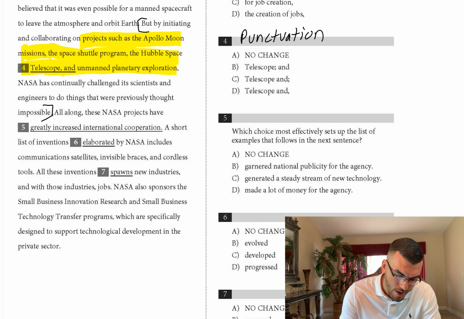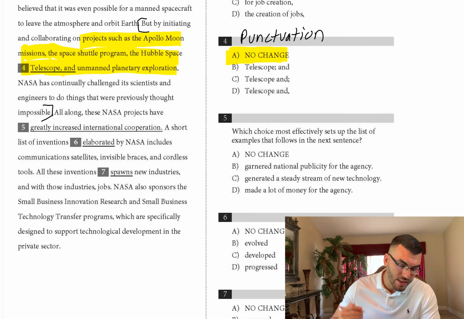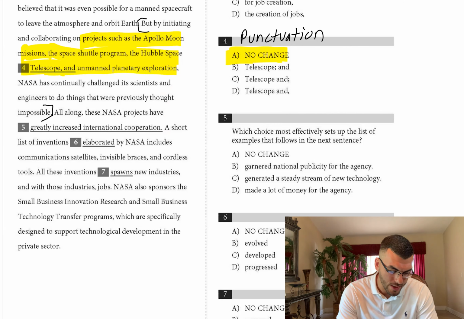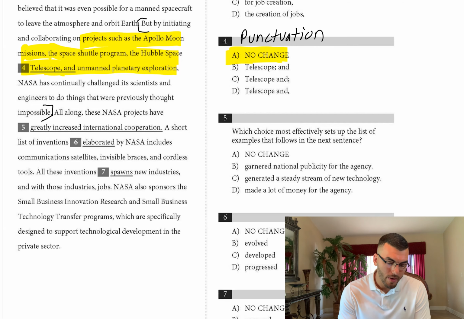So choice A is the best answer because it has a comma immediately following the word telescope. And remember, whenever you have a list of 3 or more things, each item needs to be separated by a comma. So again, for that reason, question number 4, the answer is A because you have a list of 3 or more things. So super easy, guys.